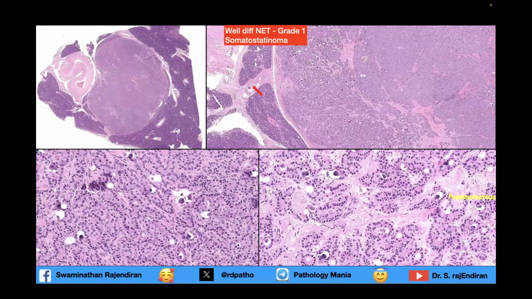Remember, we divide them into functional and non-functional. Functional, it can be glucagon, it can be insulin, it can be somatostatin. Morphologically, we cannot differentiate except somatostatinoma. In somatostatinoma, you see a lot of psammoma-like calcifications. So in any neuroendocrine tumor in the pancreas, if you see a lot of psammoma bodies, it is diagnostic of somatostatinoma.